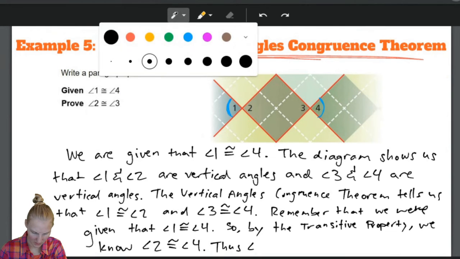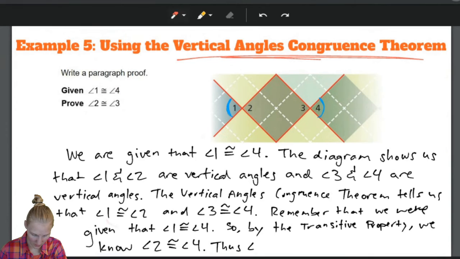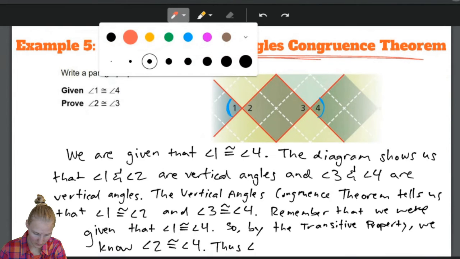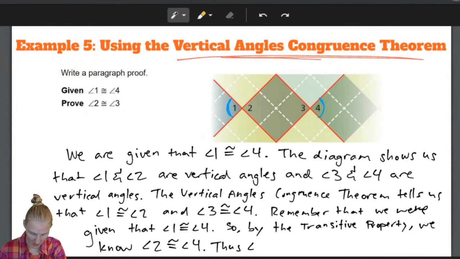Let me explain this. Excuse me, angle 4 is congruent to angle 1, angle 1 is congruent to angle 2, so angle 4 is congruent to 2. And because angle 4 is congruent to angle 2, angle 4 is also congruent to angle 3. So thus, angle 4 is congruent to angle 3.